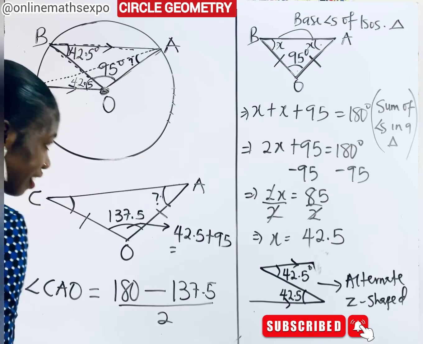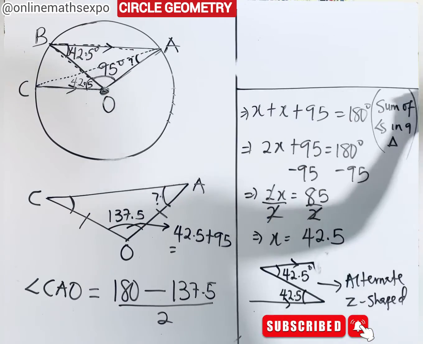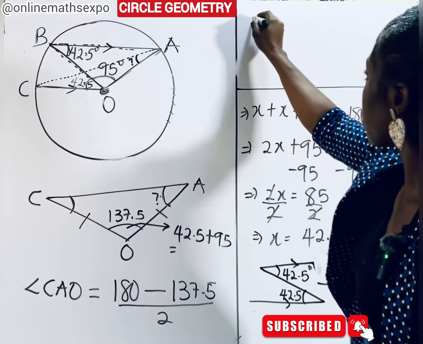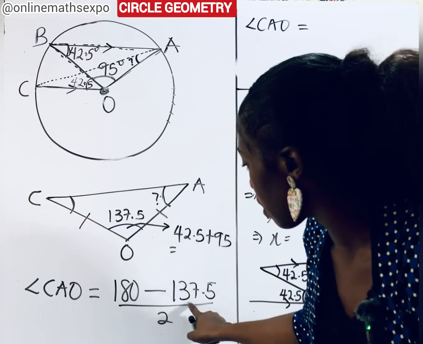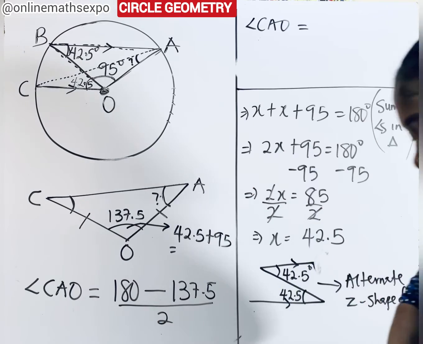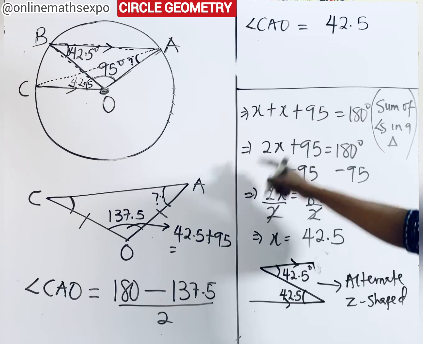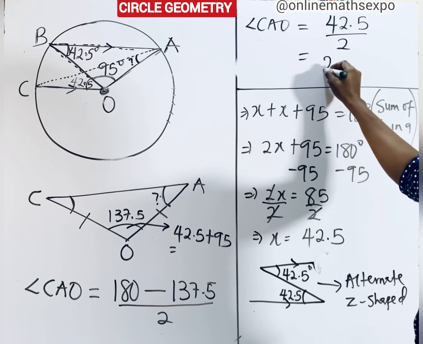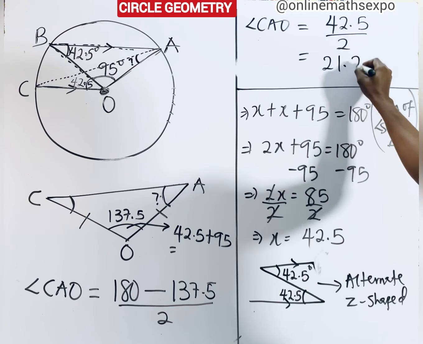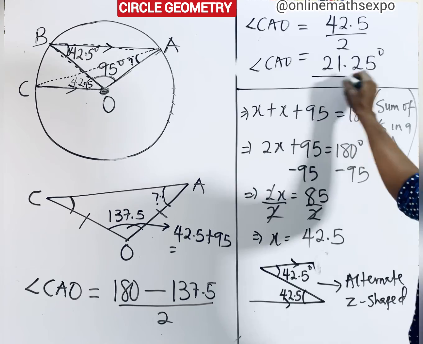Subtracting with your calculator gives us 42.5. When you divide this by 2, it gives you 21.25 as the value of angle CAO.